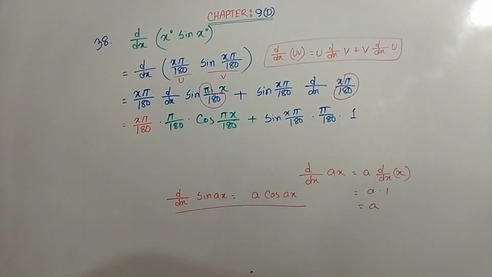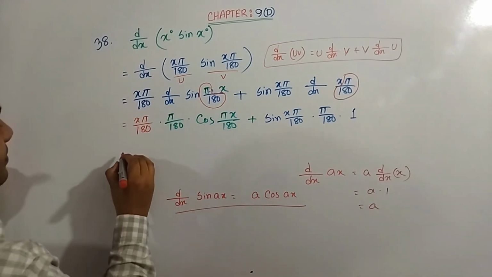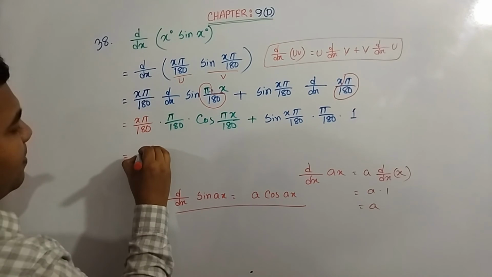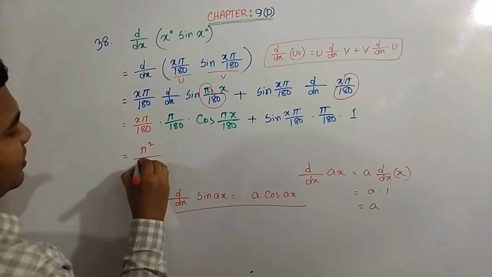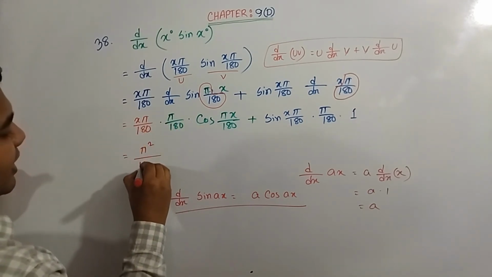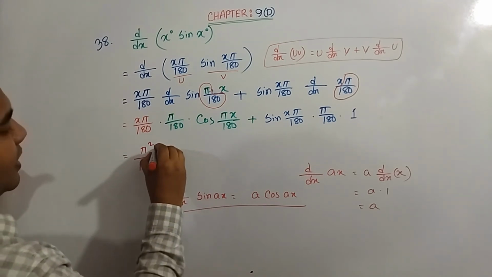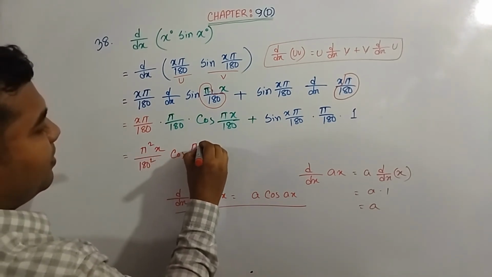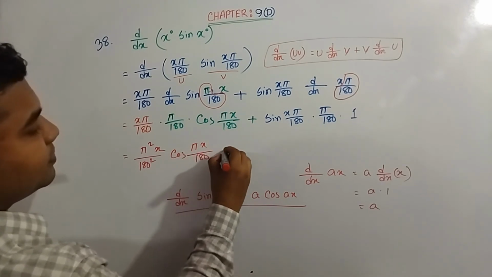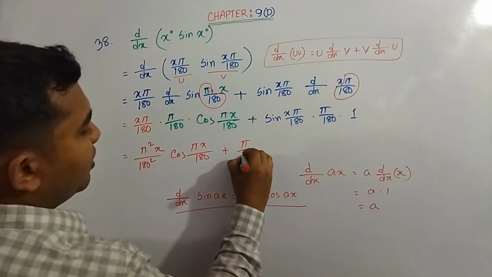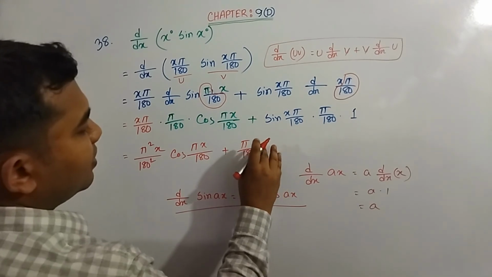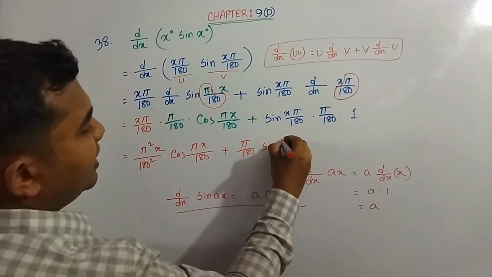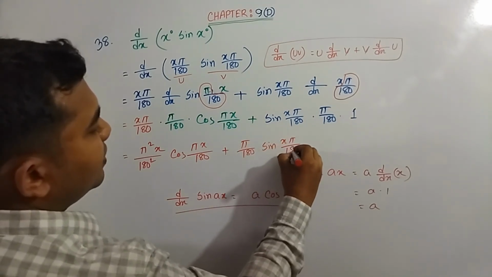So what have we found finally? We have found pi square by 180 into 180, you may write 180 square, then x, then cos pi x by 180, plus pi by 180 sin x pi by 180.